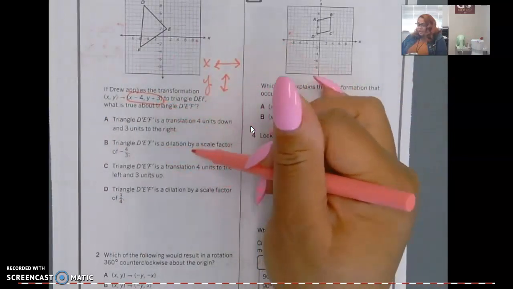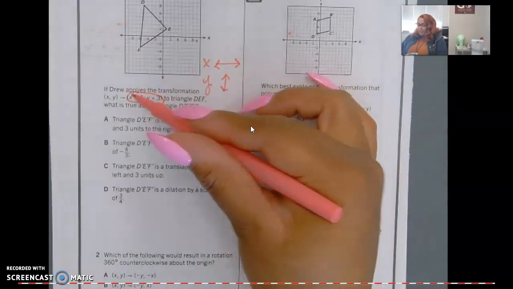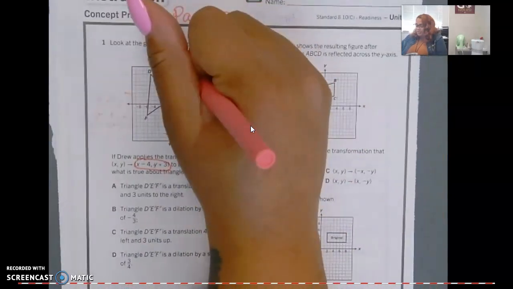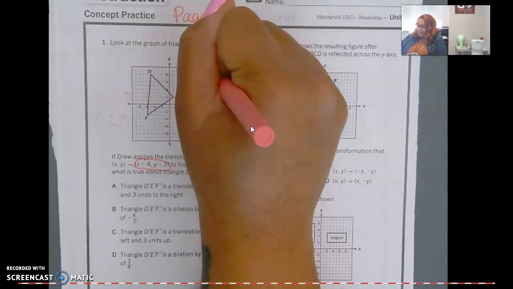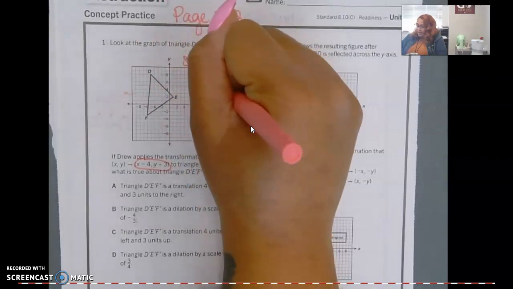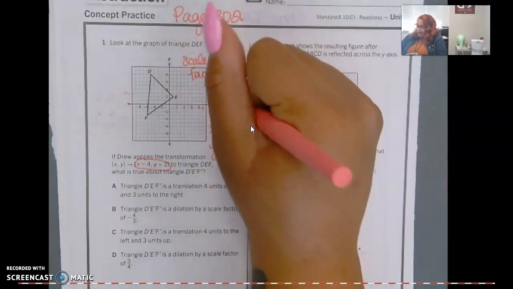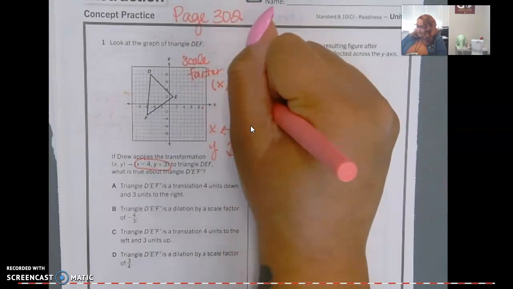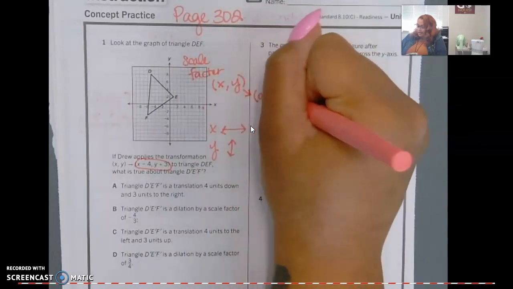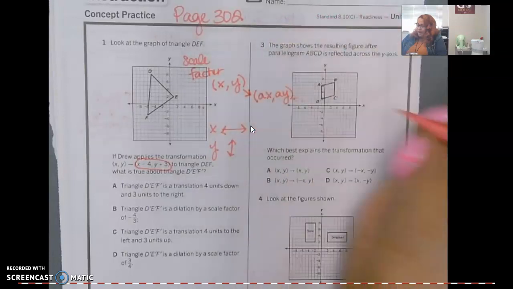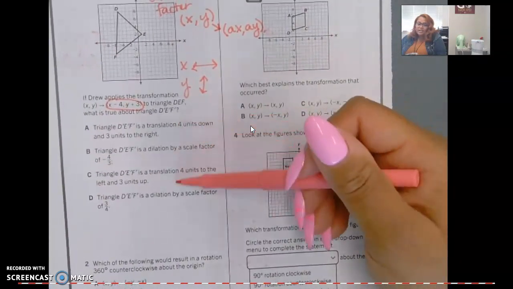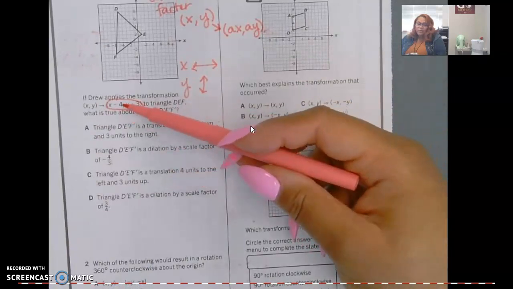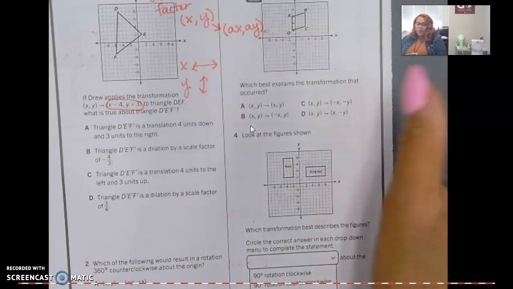Remember, for scale factor, it has to be a coefficient of X and Y. So if I'm changing by a scale factor, then my (x, y) needs to look like (ax, ay), meaning I'm multiplying there. So you just need to be looking at the addition and the subtraction. What are you doing to your x and what are you doing to your y here?